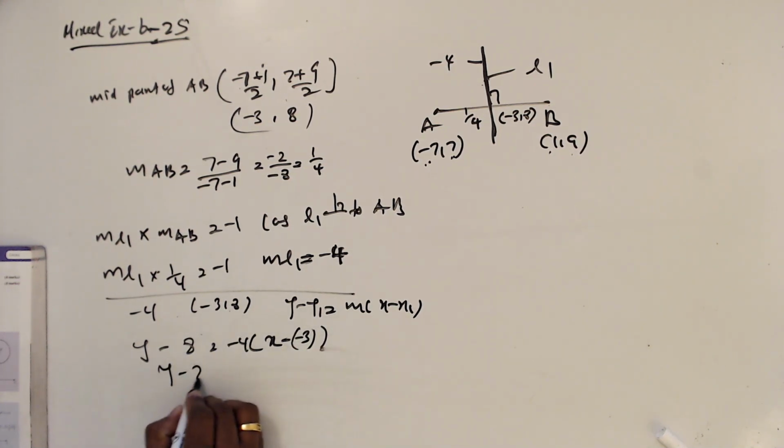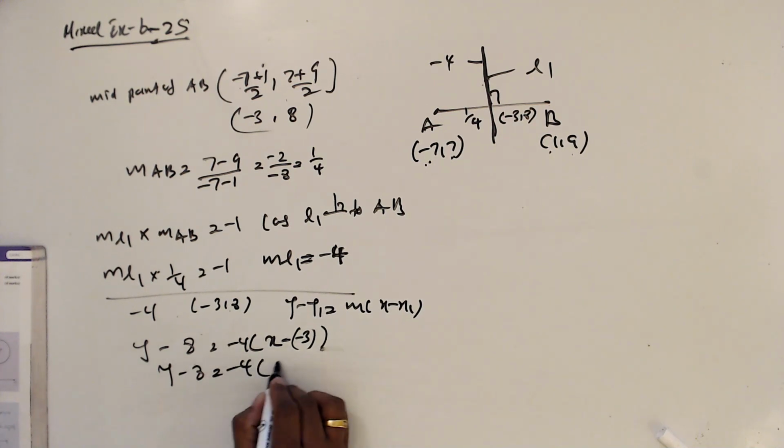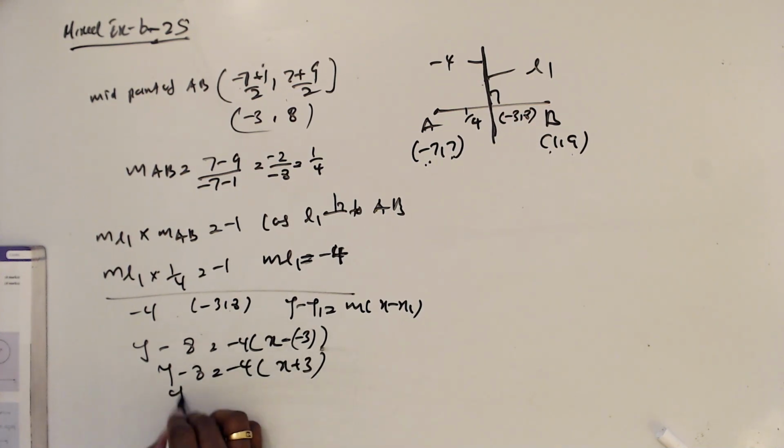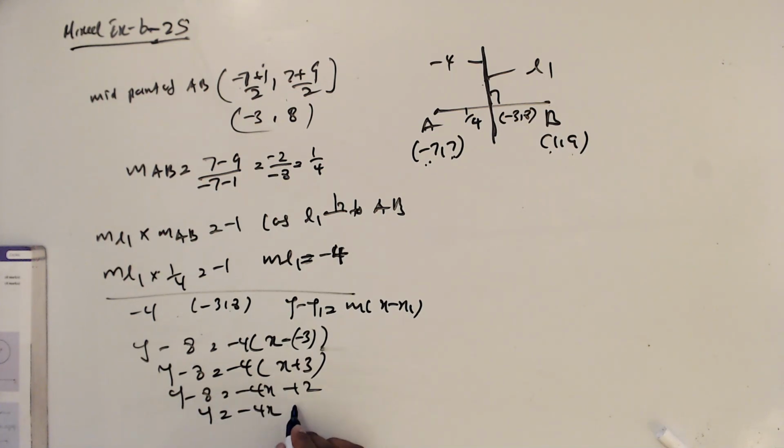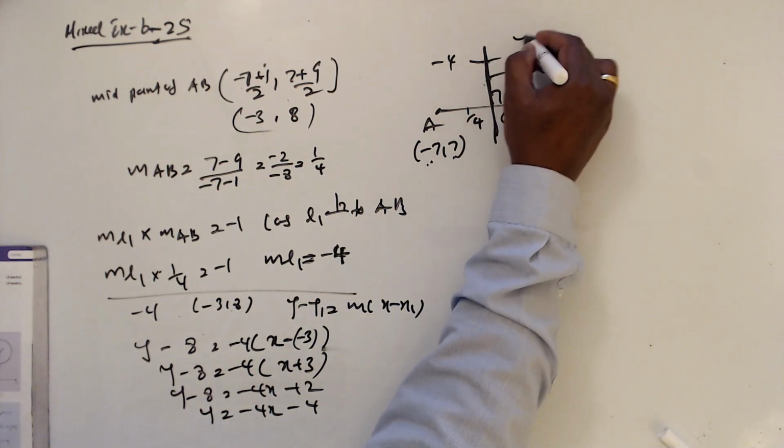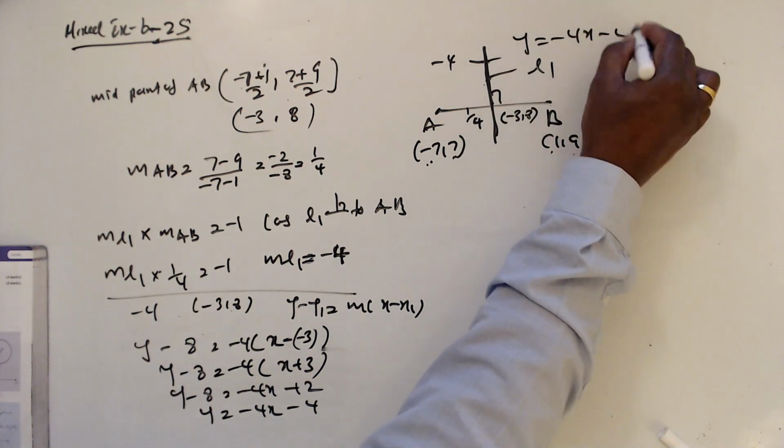So y minus 8 equals minus 4 times x plus 3. So y minus 8 equals minus 4x minus 12. So y equals minus 4x minus 4. So this one is y equals minus 4x minus 4.